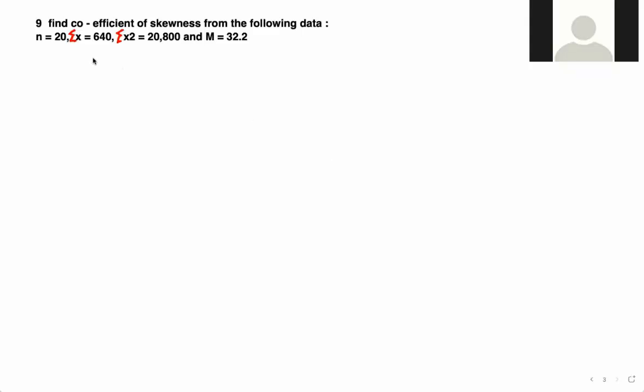Now question number 9, find coefficient of skewness from the following data. Now over here, n is equal to 20, sigma x is equal to 640, sigma x square is equal to 20,800 and median is equal to 32.2.